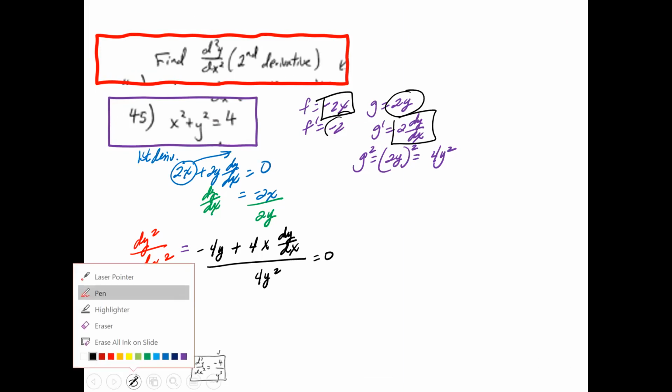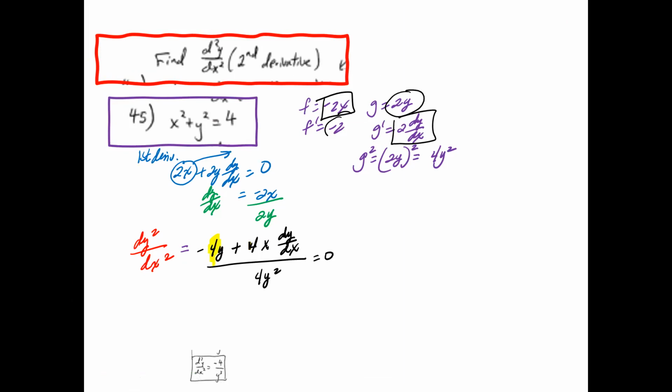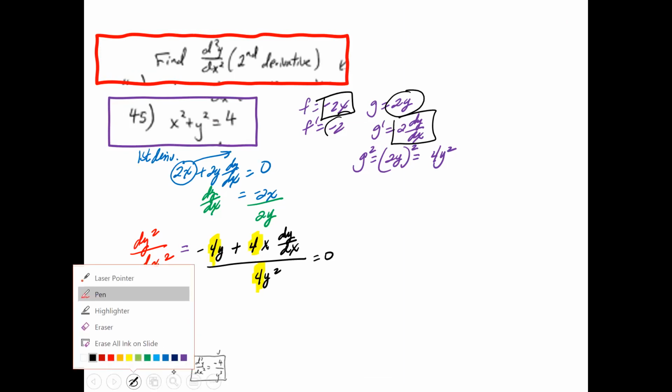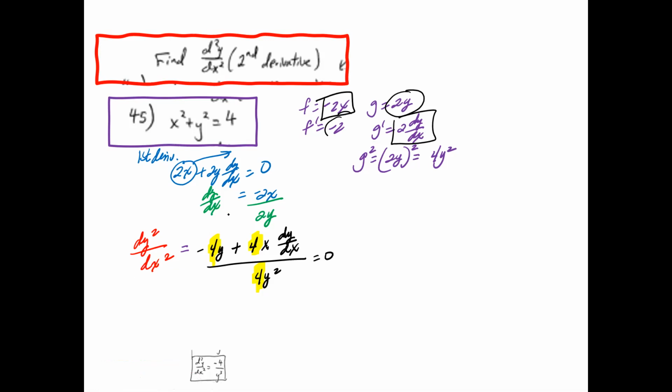Okay, so right now what I can see is that they both have a 4 on top and bottom, and that's good because that means I can cancel it. Remember, in order to cancel something, you will have to factor it out. So 4 times negative y plus x dy over dx. And because this relationship is a multiplication, I can now cancel that.